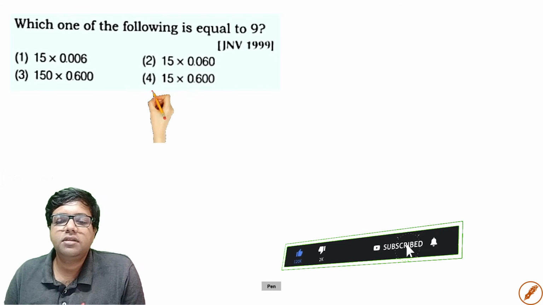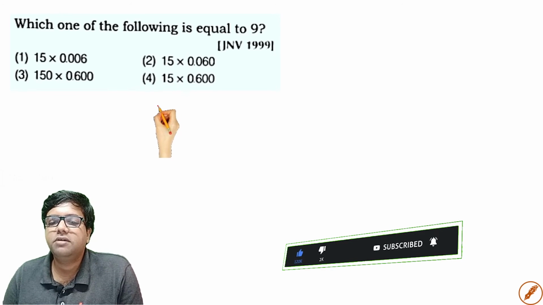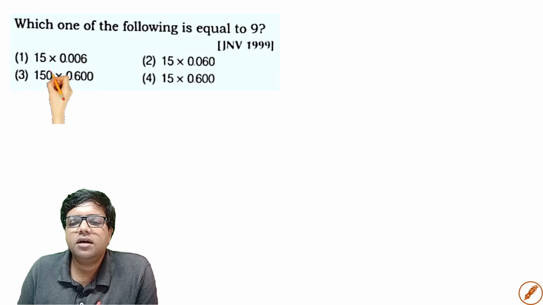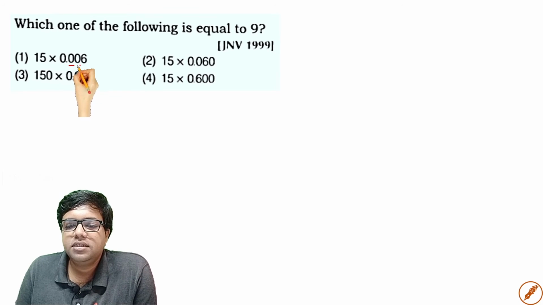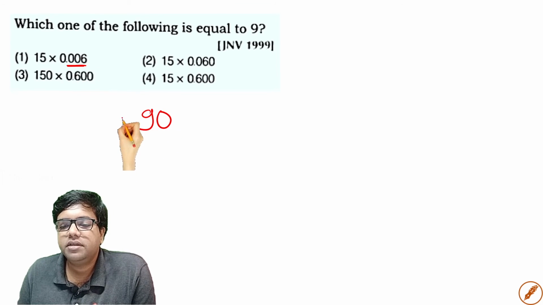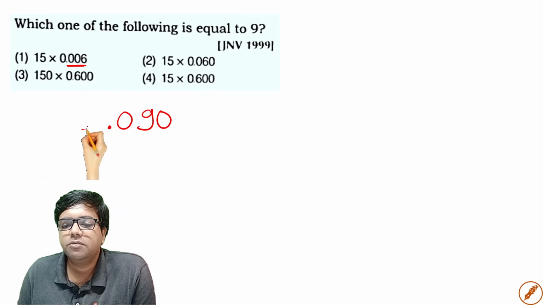Let's move ahead with another question. Which of the following is equal to 9? There are how many digits after the decimal? 3 digits. So 15 6s is 90. So there will be 3 digits after the decimal point.